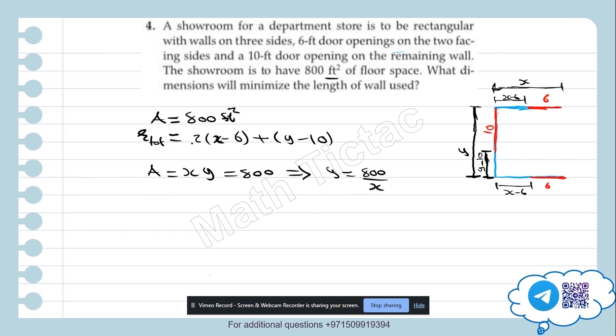Then I can substitute in the total length: 2 times x minus 6, plus, instead of y, 800 divided by x, minus 10.